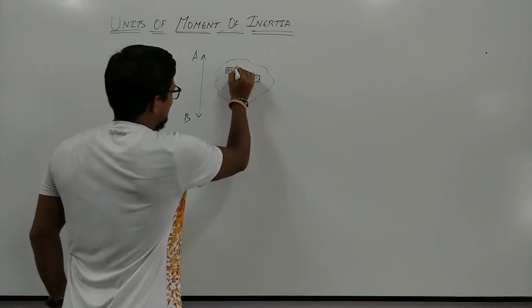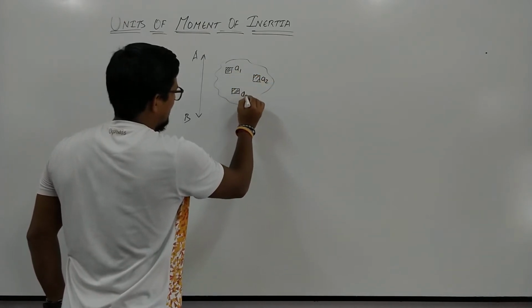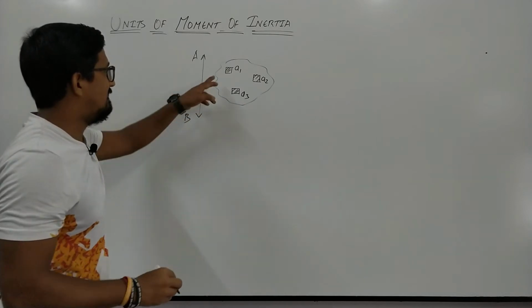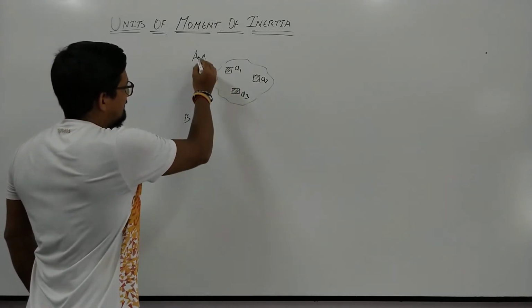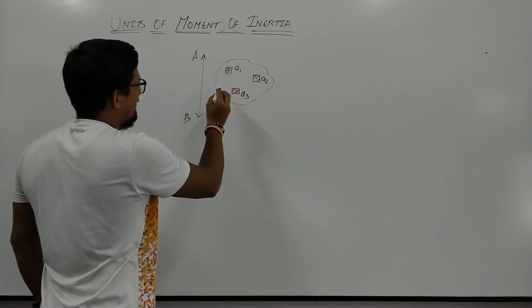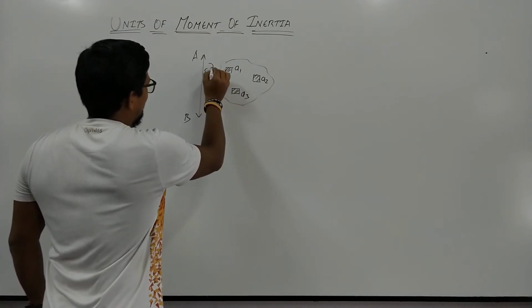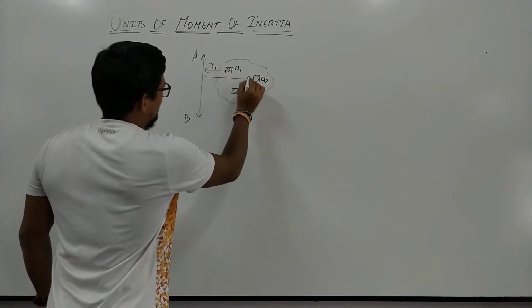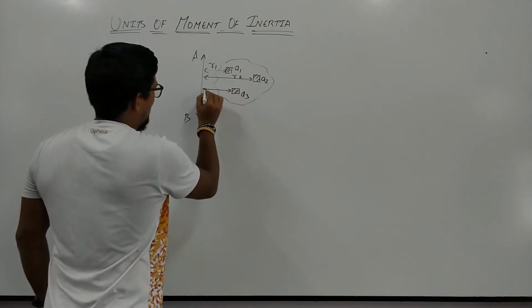Say these elementary areas are A1, A2, A3, and the distances of these elementary areas from the axis on which the moment of inertia is to be calculated are R1, R2, R3.